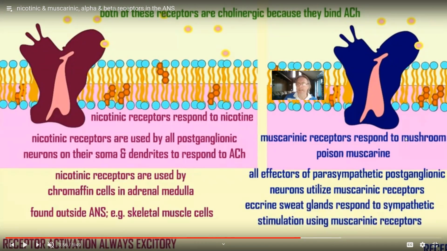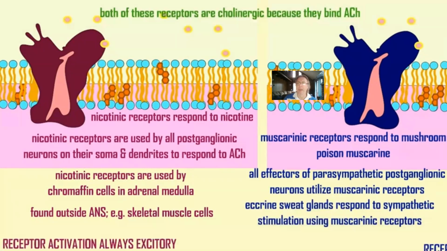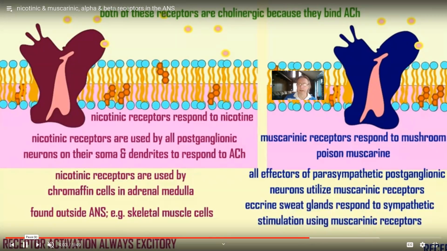So these are always excitatory. In contrast, the muscarinic receptors are found on the effectors of parasympathetic organs, and in those eccrine sweat glands, which I said is the exception where they are also part of the sympathetic division but responding to acetylcholine. And here there are different kinds of muscarinic receptors.